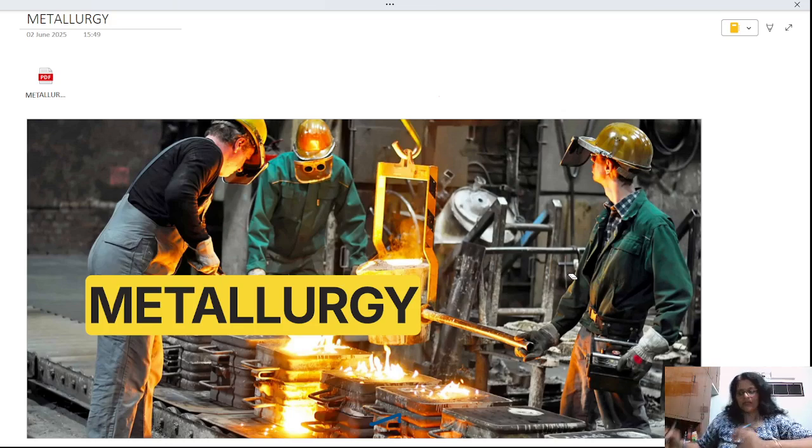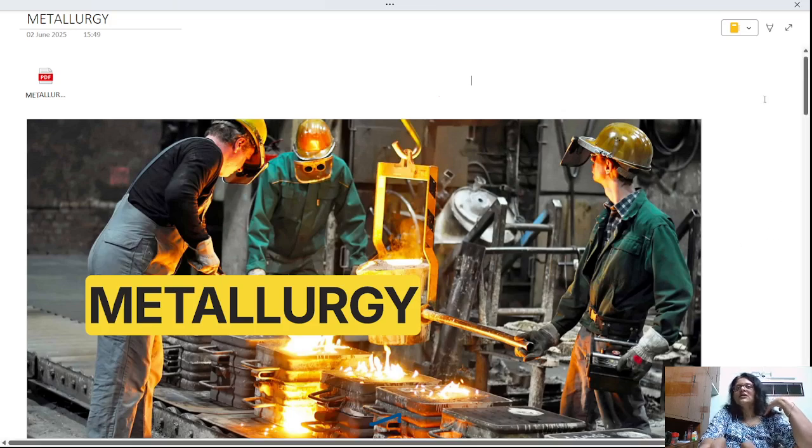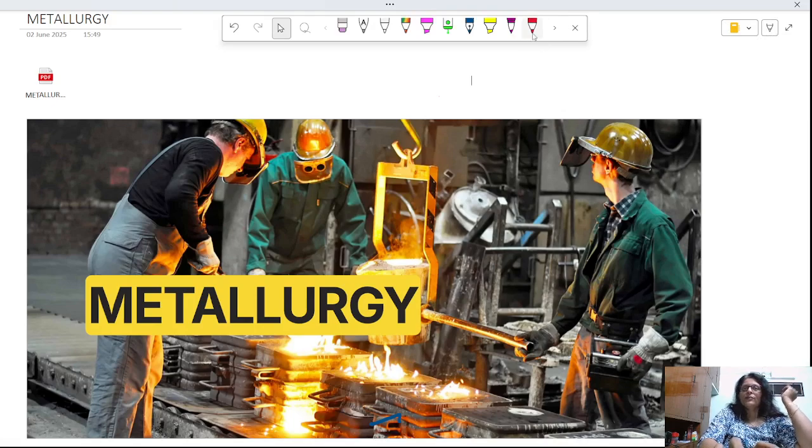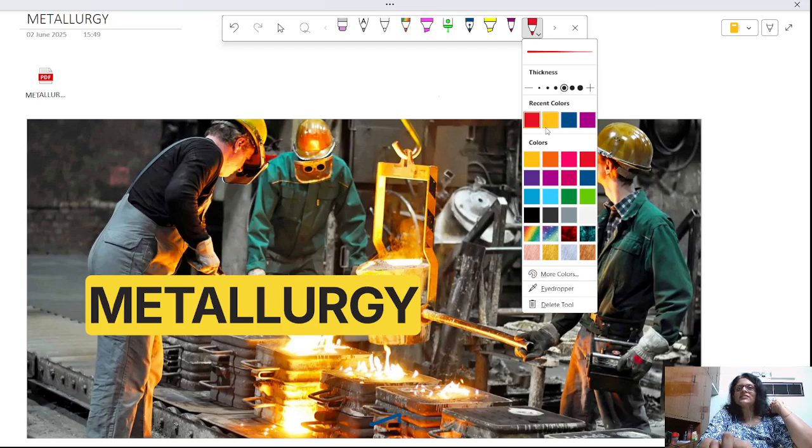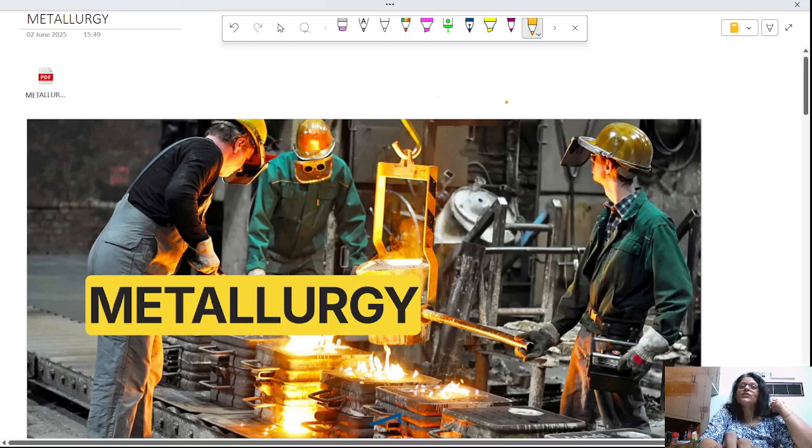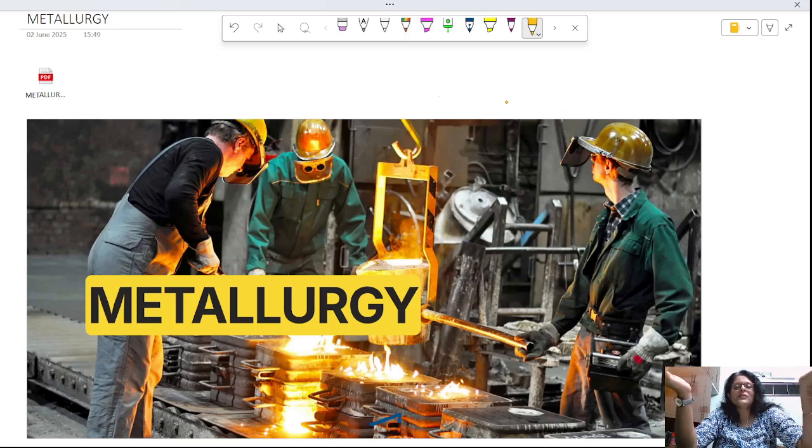There will be factories which make them, like the Hindalco aluminium factory, which makes all these utensils. There are other steel factories there. Again, they do make these utensils, right? Where do they get the raw material is what we are going to learn now. Of course, our Mother Earth is a treasure of resources.